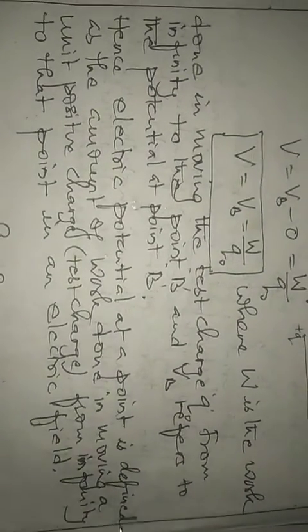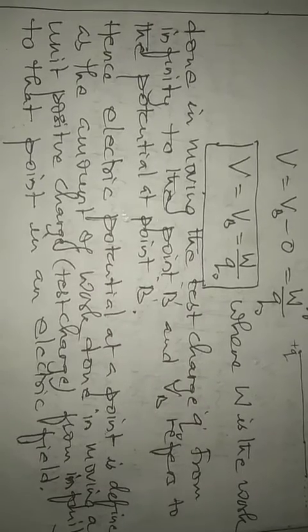So we can again define electric potential at any point in an electric field as the amount of work done in moving a unit positive test charge from infinity to that point, in an electric field. Where you bring the test charge and keep it, there should be a point where the electric field is defined and to be measured. In the diagram, if you bring the test charge from infinity and keep it at point B, then B is a point where there is a field produced by the source charge.